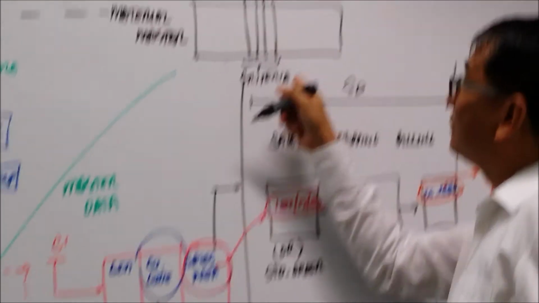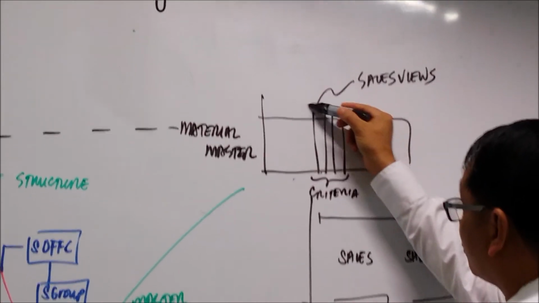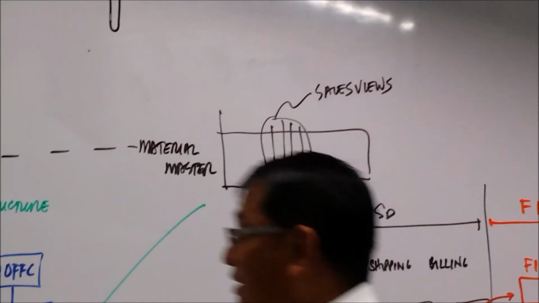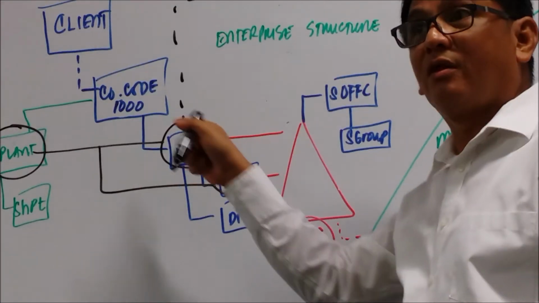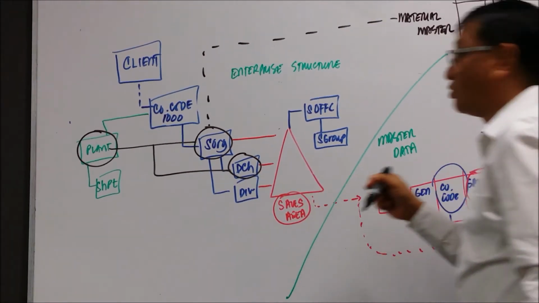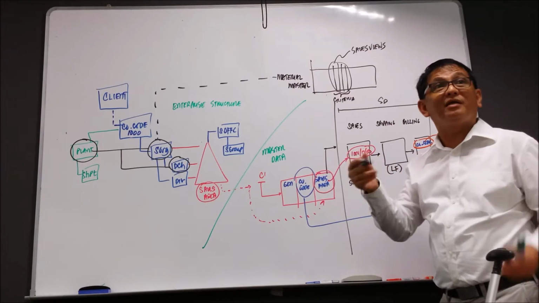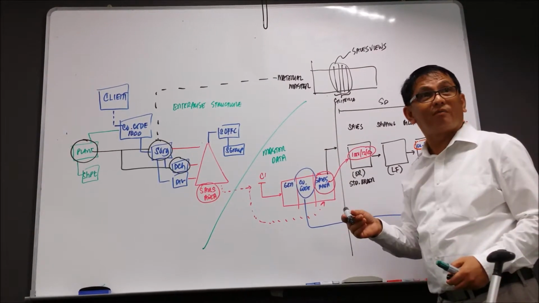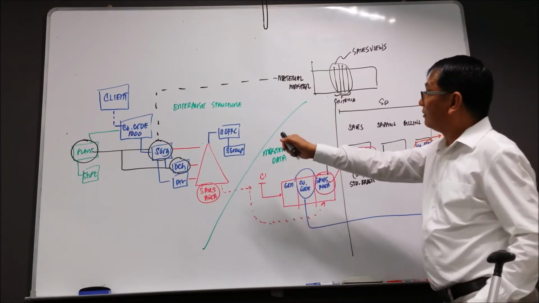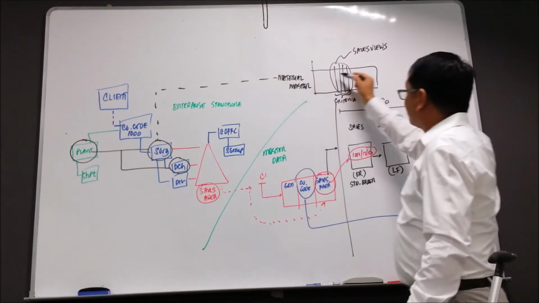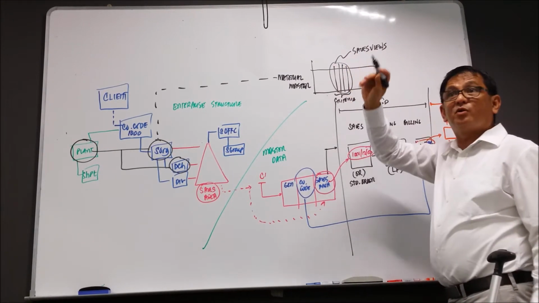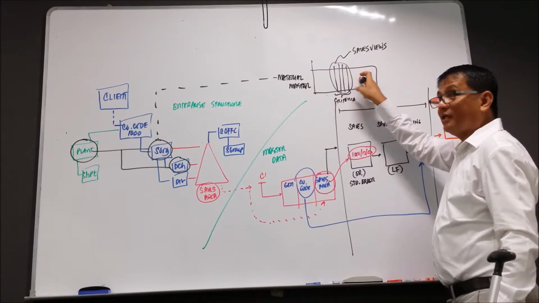The criteria that it uses when you try to create, change, or display the sales view is the black ones. So to some of you, it's like a repeat, but to some of you, maybe you forgot. So from there, this black one, we go to Material Master to set up the sales view, to see the sales view, to change the sales view of the Material Master.